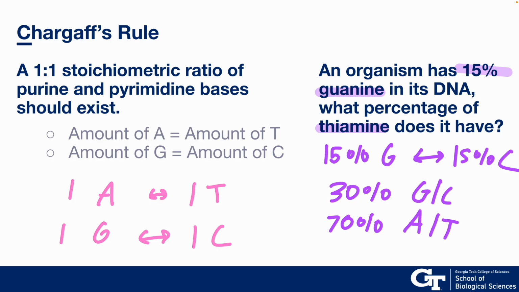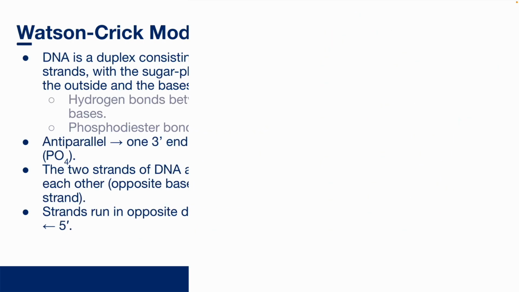And then what is half of 70%? Because there's a 1-to-1 ratio. So that means that, I'll write this in pink, there must be 35% A and 35% T. And if you add up 35, 35, 15, 15, you get 100. And so that means that there's 35% thymine.